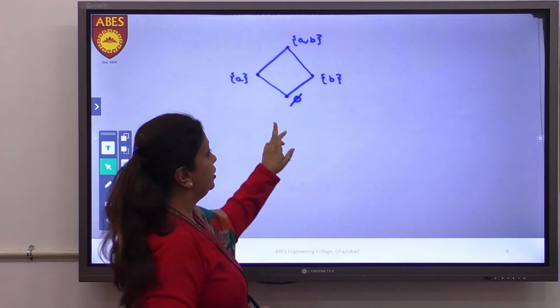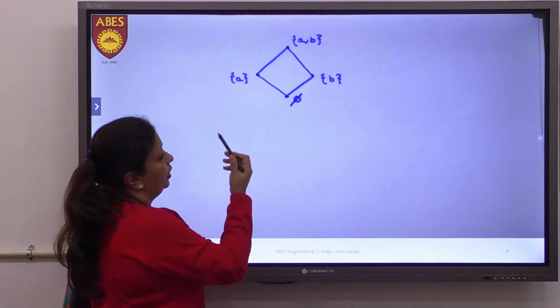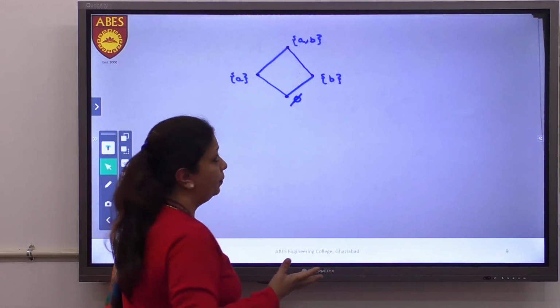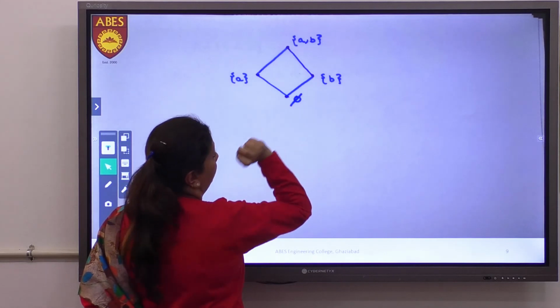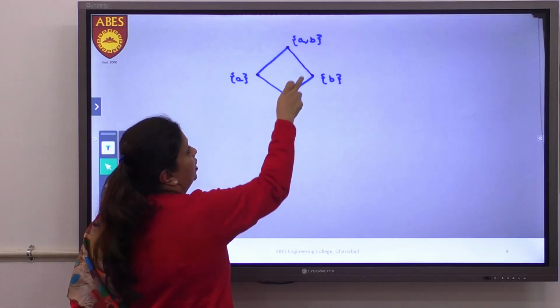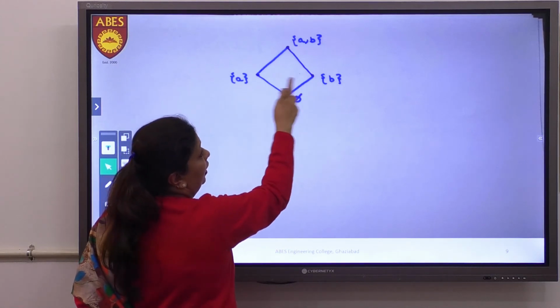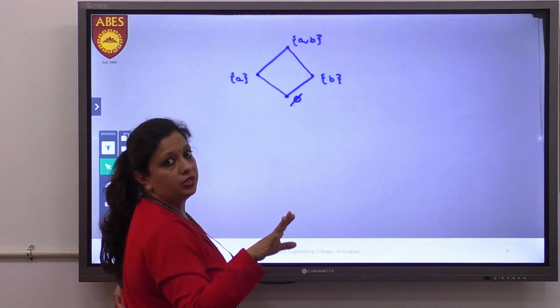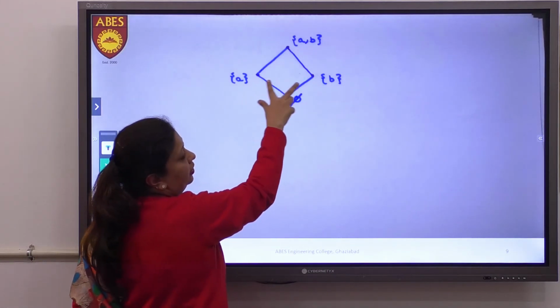I have 4 elements, so I have drawn the 4 elements. Now see that phi is related with every element. So phi is related with A, phi is related with B. Phi is transitively related with {A, B}. Now A and B are not related with each other because they are not subsets of each other, so they are at the same level. We have shown that there is no relation.